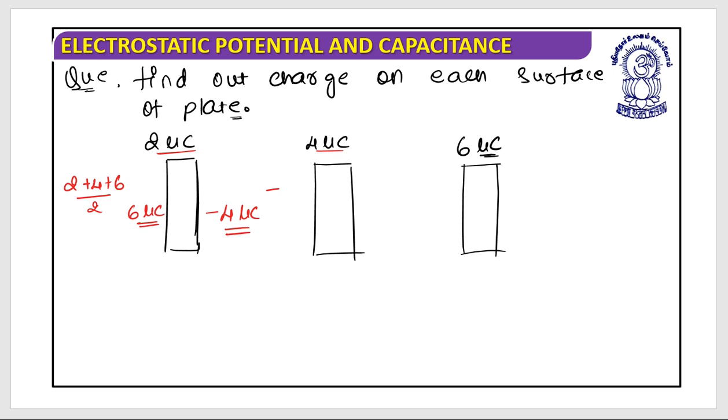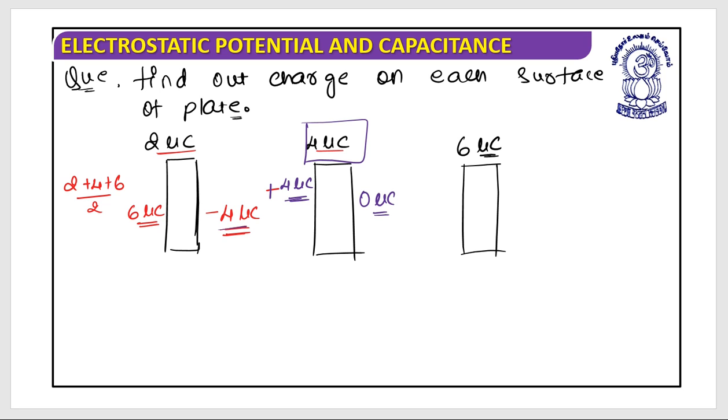Now if this is minus 4 microcoulomb, I need to induce the charge, and this induced charge would be plus 4 microcoulomb. Because this is minus, this is 4. Now total charge on this plate should be 4. Already you have given the plus 4 here, so this would be 0 microcoulomb.